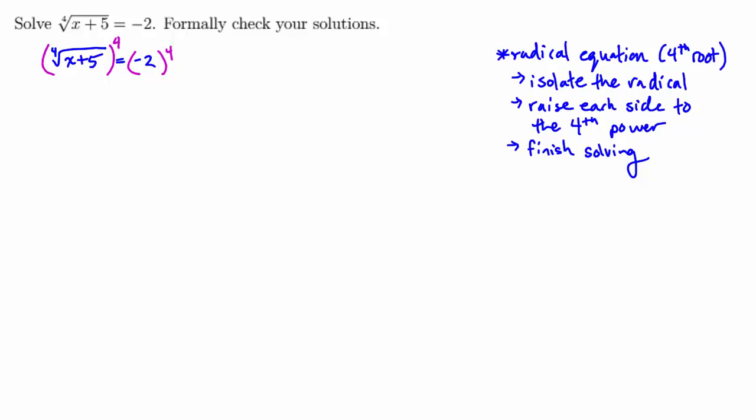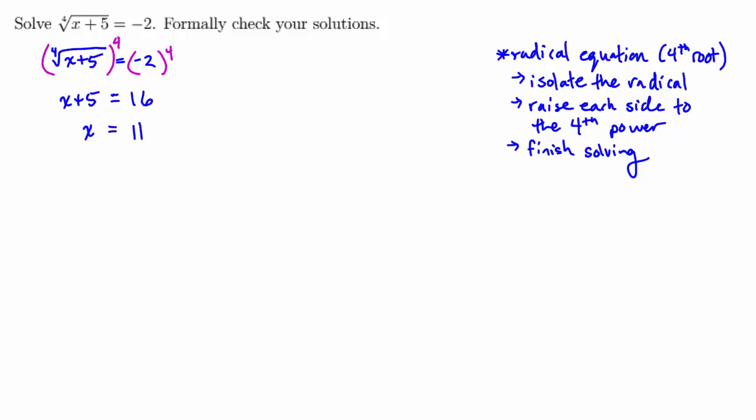As we do this, taking the fourth root of x plus 5 and raising it to the fourth power will simply leave us with x plus 5 on the left-hand side. On the right-hand side, we have -2 raised to the fourth power, which will be the number +16. To finish solving, we'll be left with x equals 11, and we'll get that by subtracting 5 from each side of that equation. So we have x equal to 11.